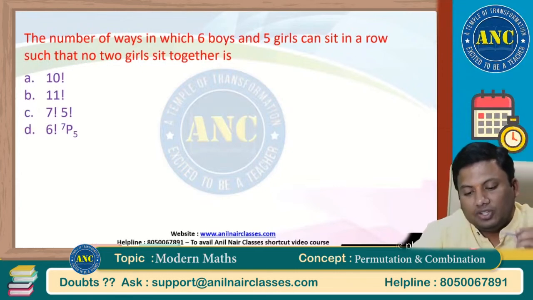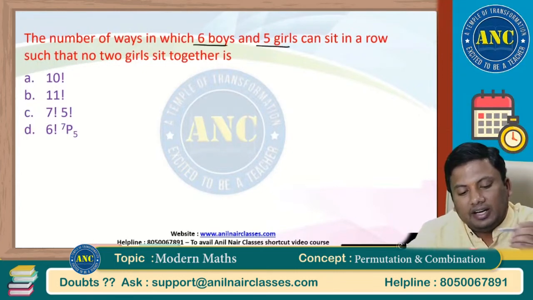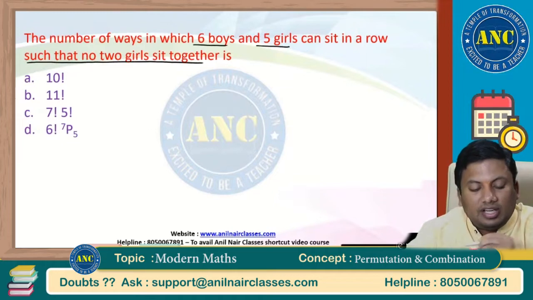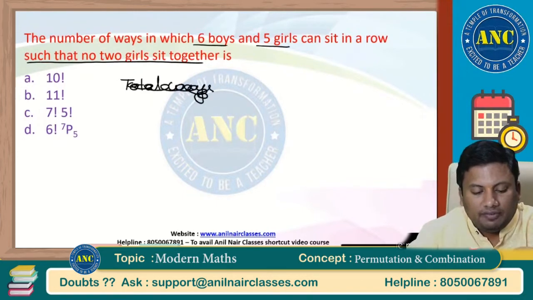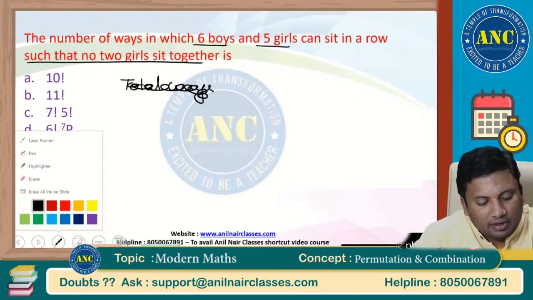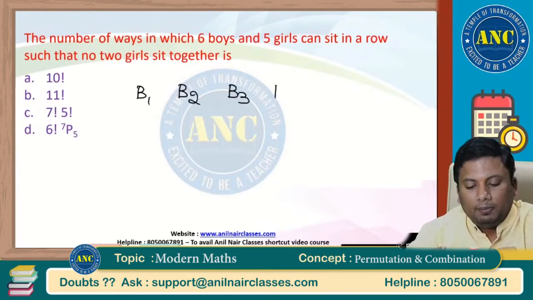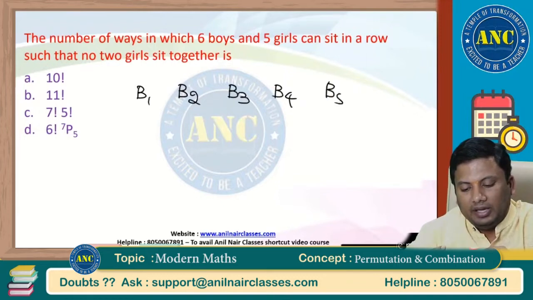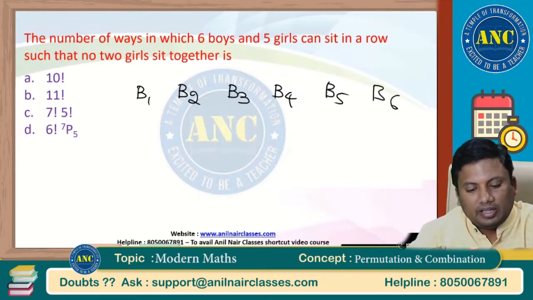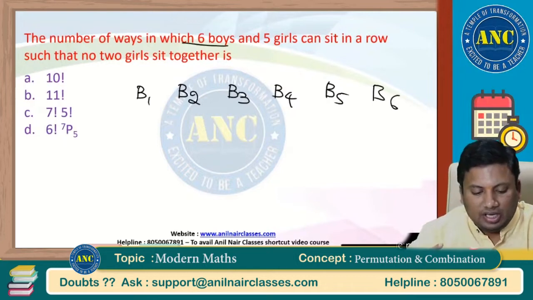Number of ways in which 6 boys and 5 girls can sit in a row such that no 2 girls sit together. Now see here. No 2 girls sit together. First arrange boys, B1, B2, B3, B4, B5 and B6. 6 boys can sit in 6 factorial ways.